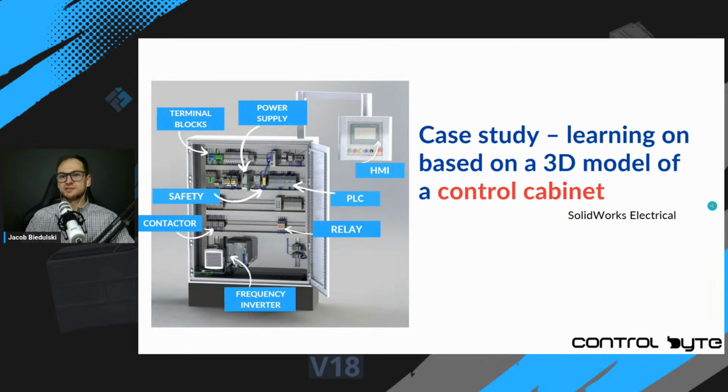In our course, we base on a case study. We deliver a 3D model of a control cabinet with different devices inside, like contactors, safety devices, terminal blocks, power supply, PLC, HMI, relays, frequency inverters, servo drives, and more.